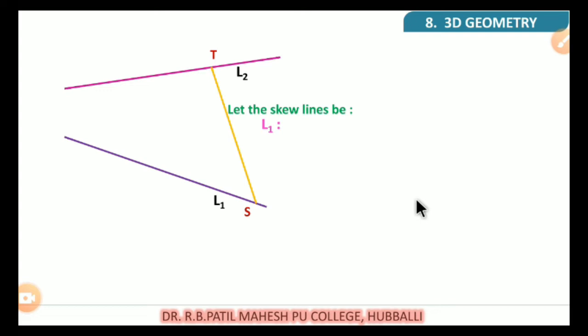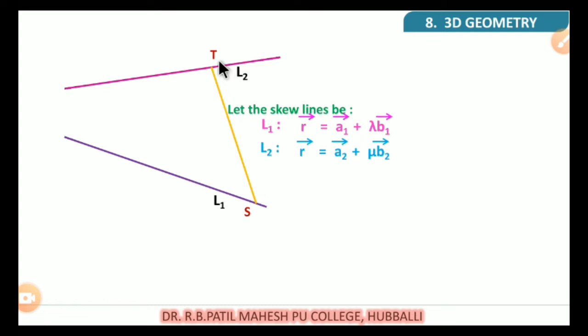Let the skew lines be L1, that is r equal to a1 plus lambda b1, and L2, that is the second line, r equal to a2 plus mu b2. See here, these two are the vector equations of these two lines.